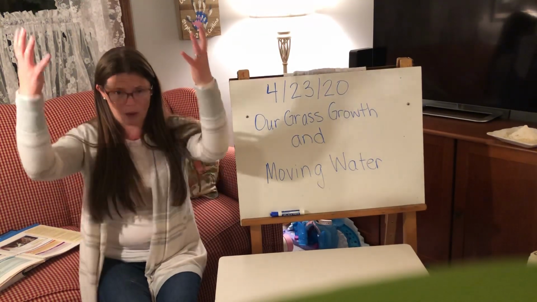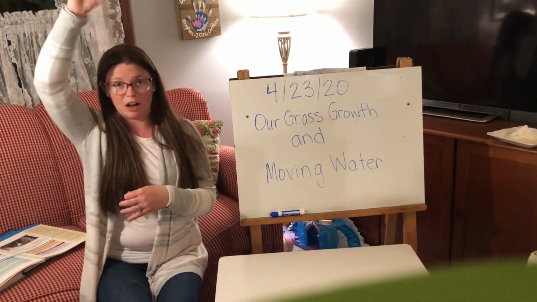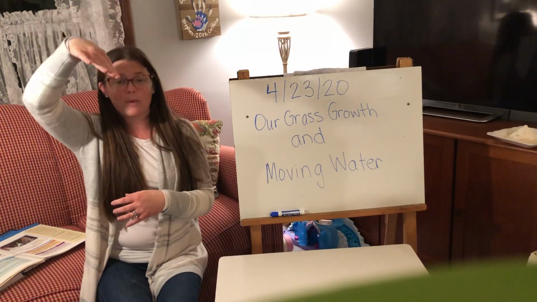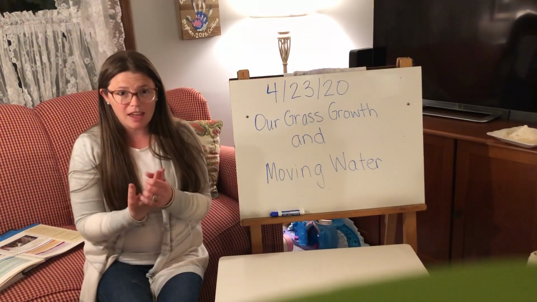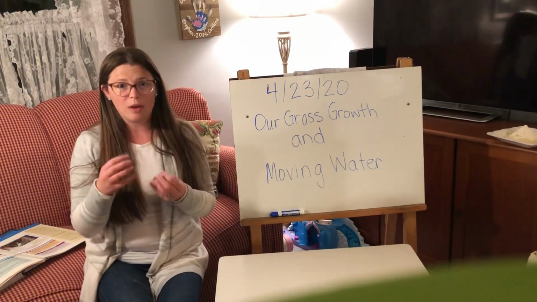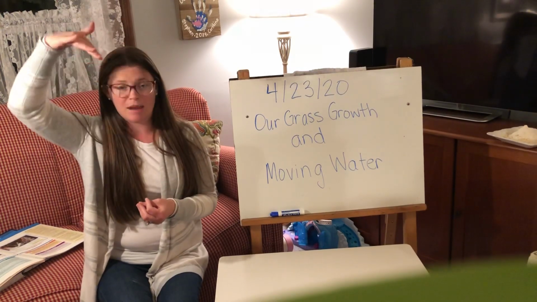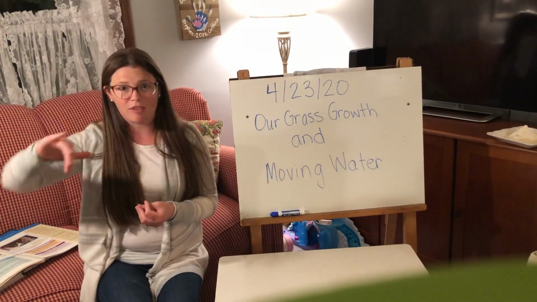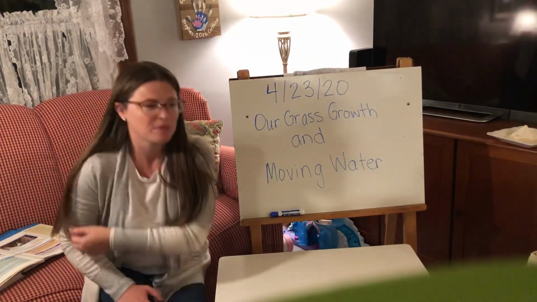So we know that the water comes from rain, right? It starts up and it works its way down. Well, it's the same thing with a mountain. When you have water that rains on a mountain, it's not just going to stay up at the top. It's going to fall down because gravity is going to pull it down.